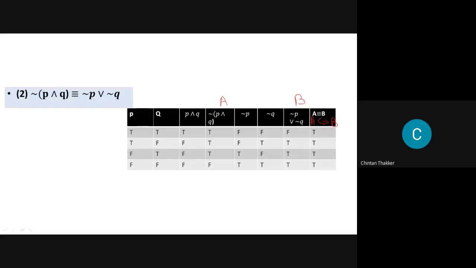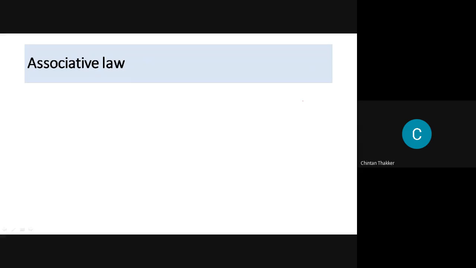Then we have the next theorem, the associative law. Questions will be asked like: state and prove the associative law, or state and prove De Morgan's law, or state and prove the absorption law. So you have to remember the statements also. You can prove them by truth table.